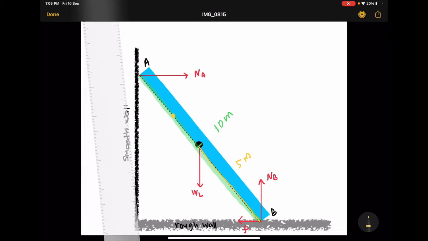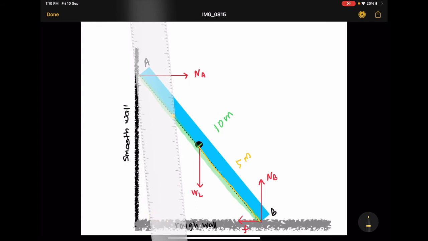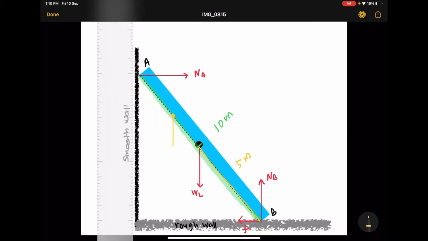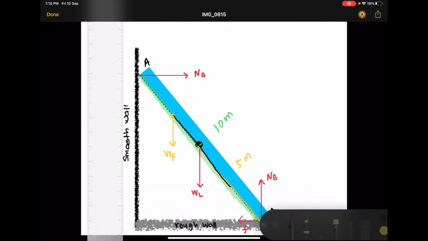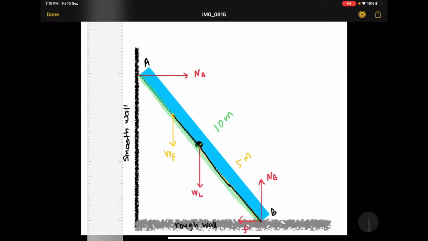Around here is our firefighter. Okay, our firefighter is here. This is our weight of firefighter, which is distance from here to our end of this ladder. Here is 7 meter.